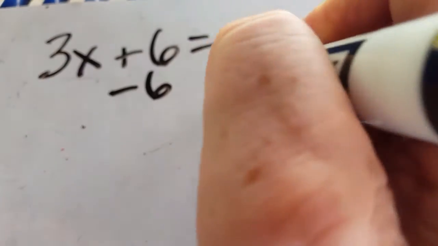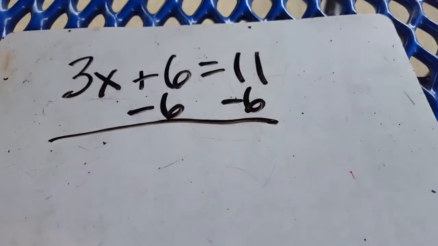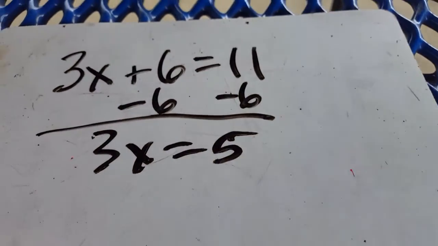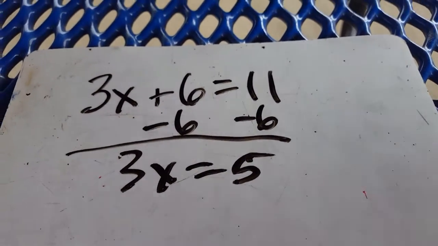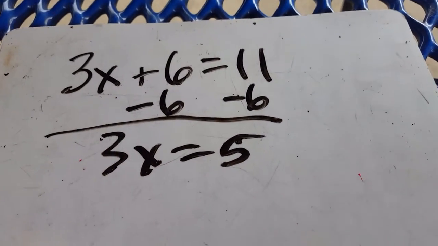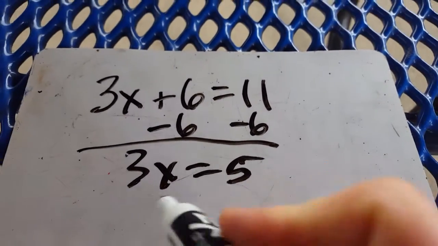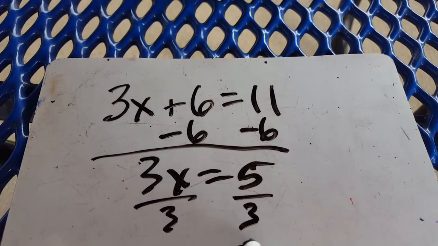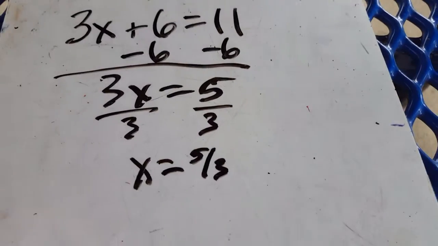So I'm going to do minus 6 first, and I get 3x equals 5. Remember, you always have to do the same thing to each side. So if you do minus 6 once from this side, you got to do minus 6 once from that side. And then since this is 3 times x, I'm going to divide by 3, and we get x equals 5/3.